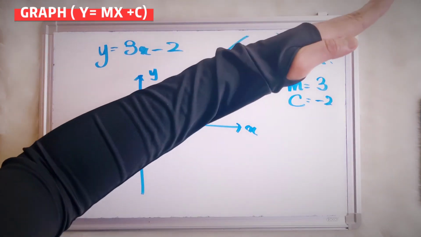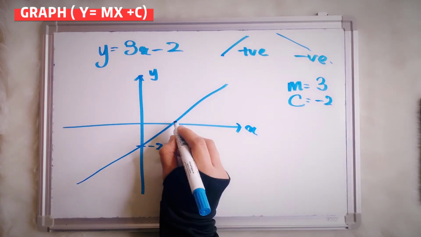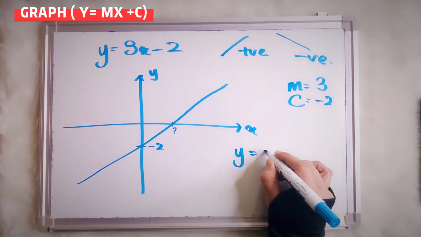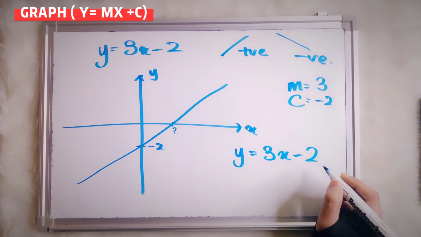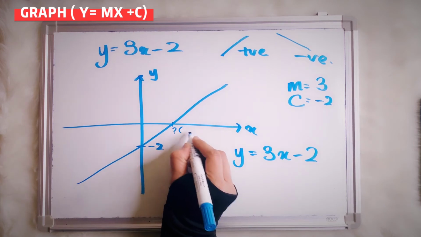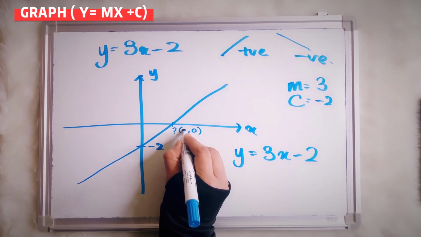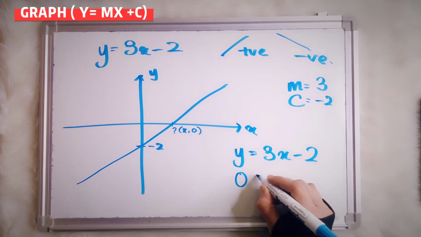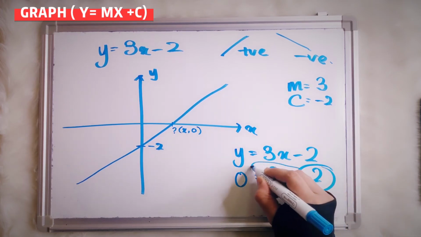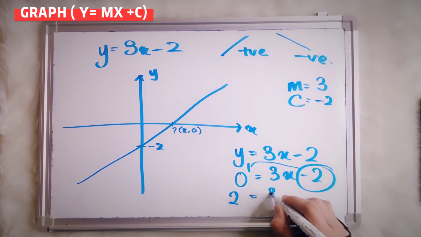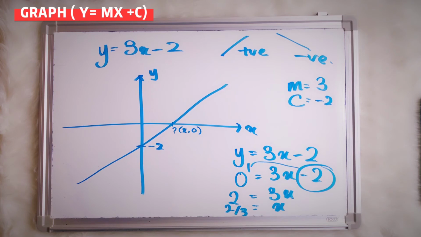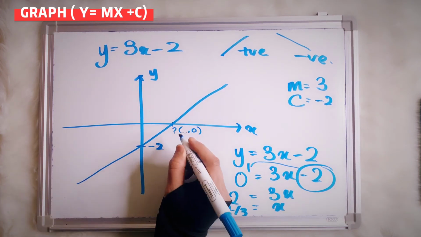Now what is the value here? Take the equation y equals 3x minus 2. We want to find the x value, so we put 0 for y. So 0 equals 3x minus 2. I bring negative 2 to this side, so it will be positive. 3x, so x will be 2 over 3. So here will be 2 over 3.